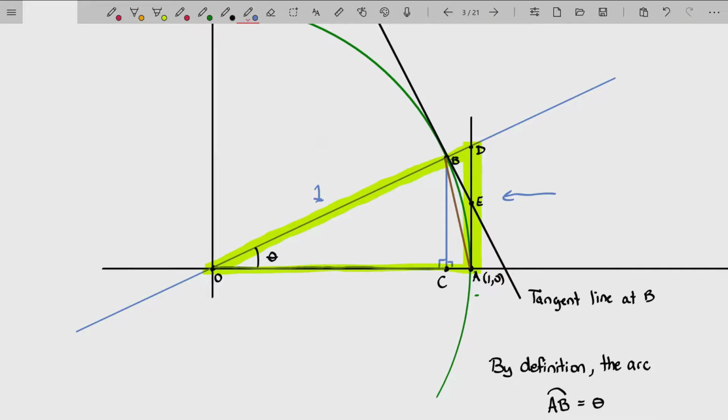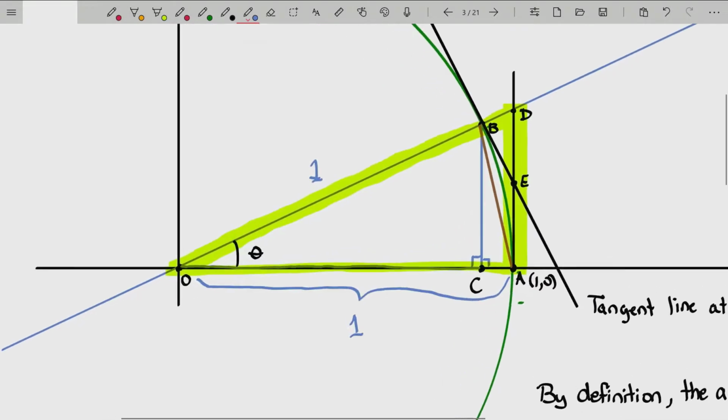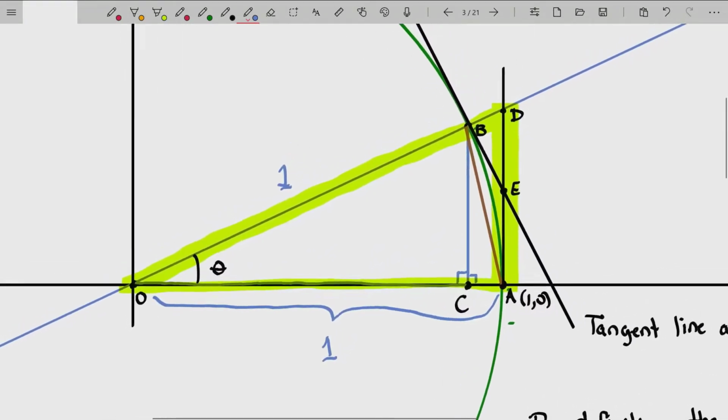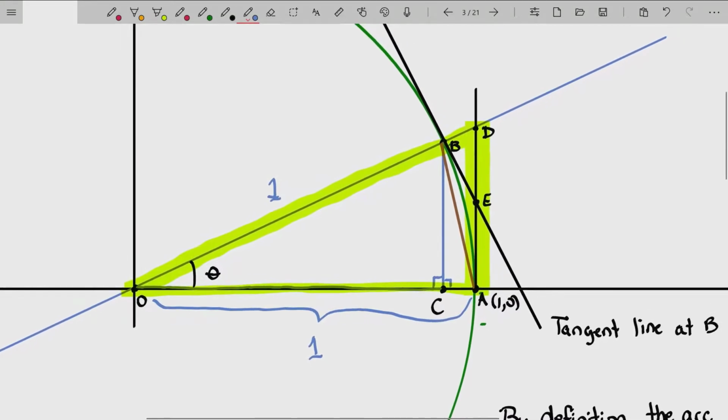I would like to involve the unit circle in my statement. But if you look at this distance right here, that distance is also a length of 1. And that is the horizontal leg of this right triangle. And so if I want to relate that horizontal leg of the right triangle to this highlighted side right here, then I can go ahead and use a tangent.